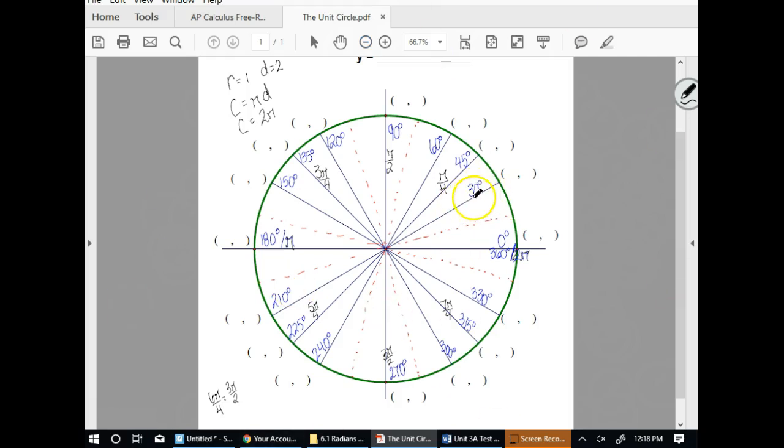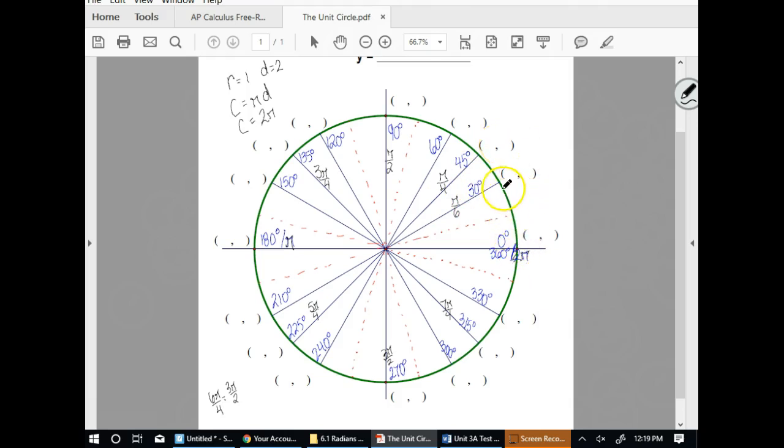Now we need to think about the 30 degrees right here. I'm just going to go ahead and tell you. I could reason through it with you for a little while, but 30 degrees is pi over 6. So that means each little 30-degree segment of the unit circle is pi over 6, right?